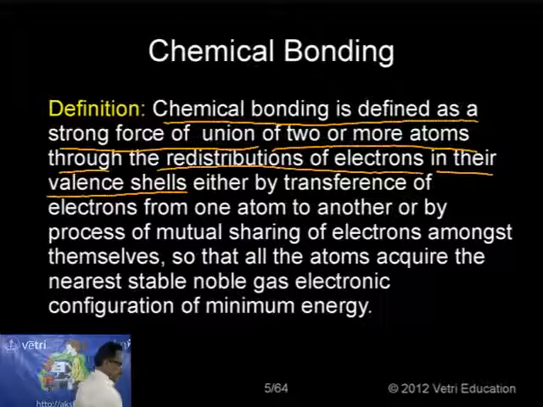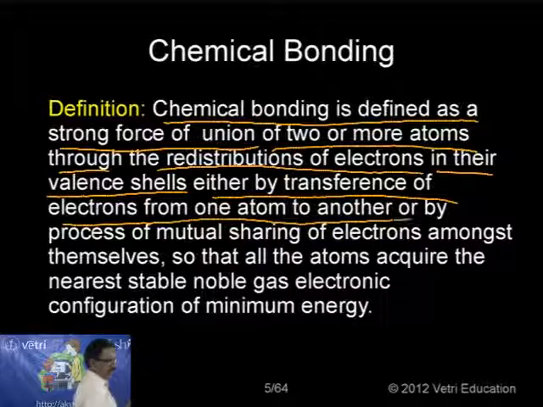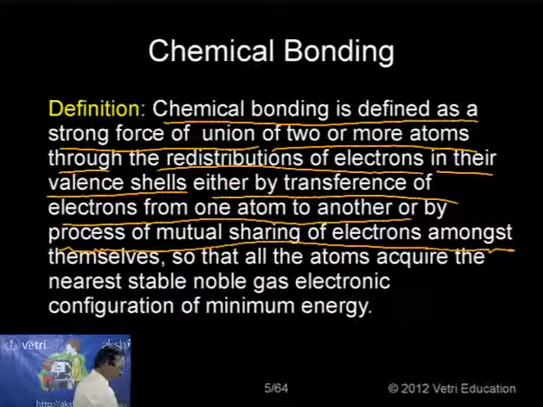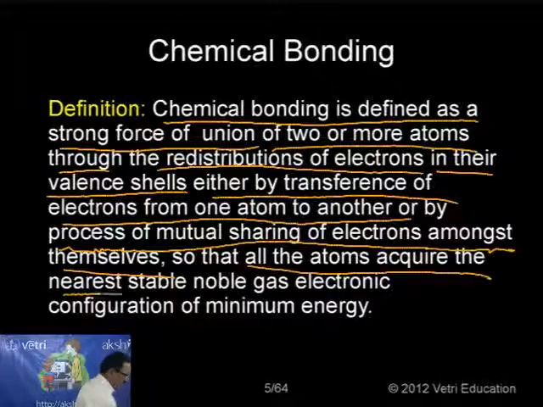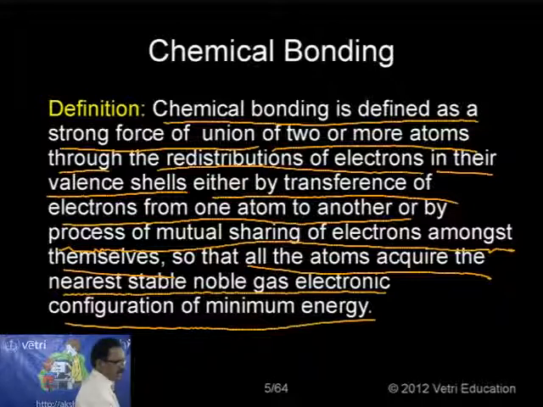In what way? Either by transfer of electrons from one atom to another, or by the process of mutual sharing of electrons amongst themselves, so that all the atoms acquire the nearest stable noble gas electronic configuration of minimum energy.